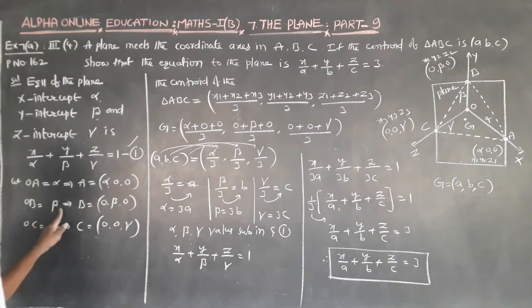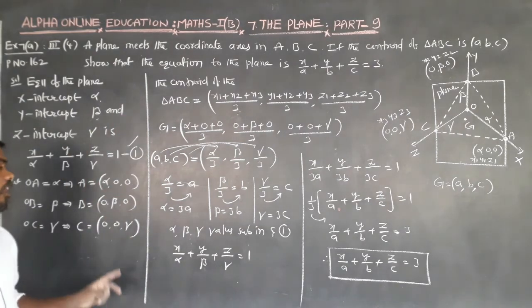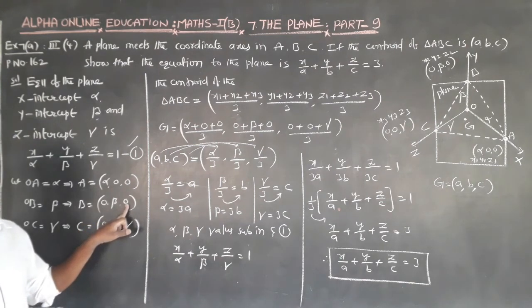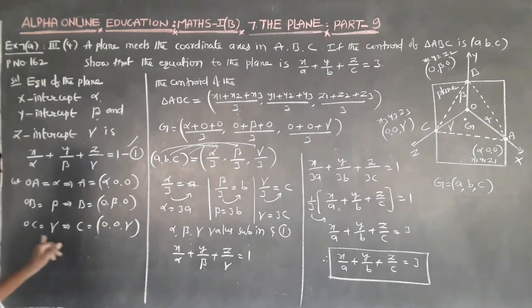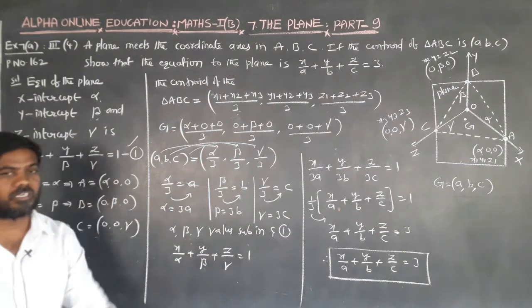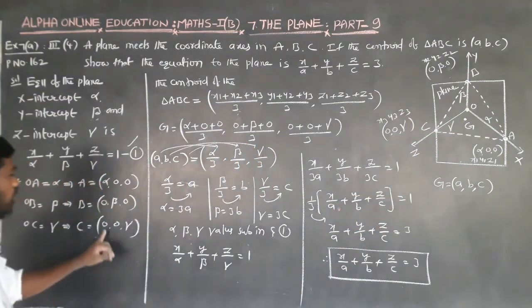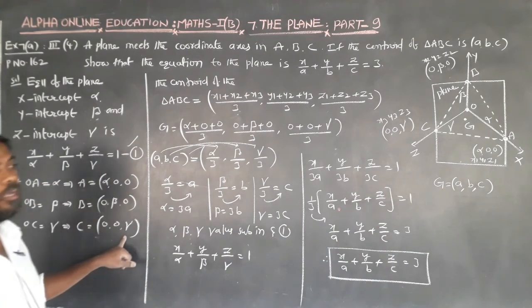OB is beta, so B lies on the y-axis, where x and z are 0. So B is (0, beta, 0). OC is gamma, so C lies on the z-axis, where x and y are 0. So C is (0, 0, gamma).